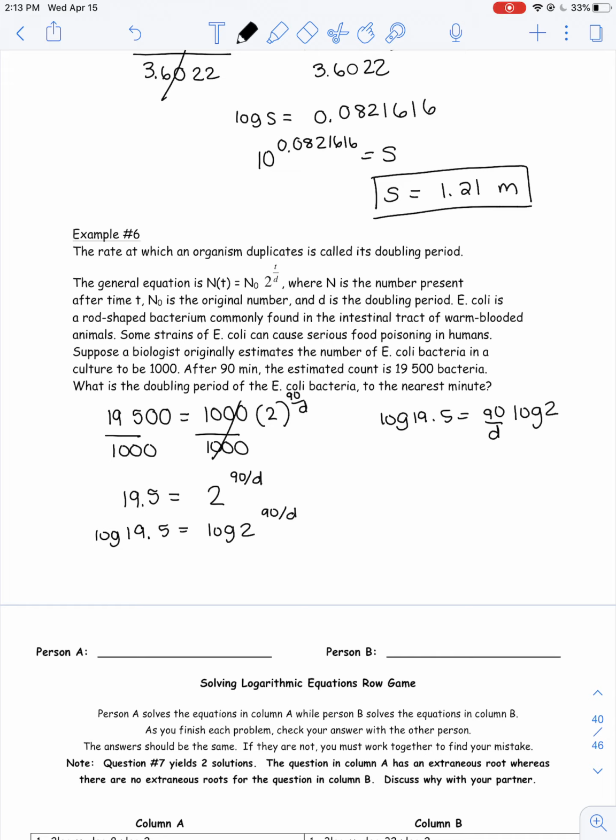Our next step is we can multiply both sides by D to get it by itself. So we can multiply the left side and the right side by D. So that crosses it off on the right side. So we now have D log 19.5 is equal to 90 log 2.